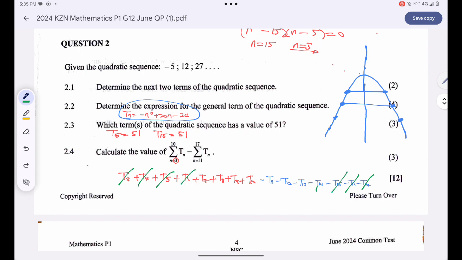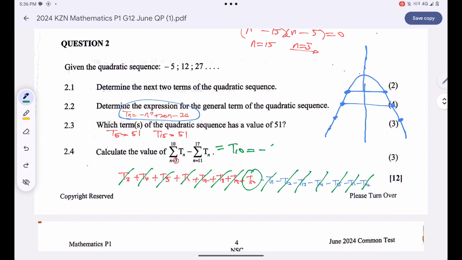These will go on and on. These terms will just subtract one another over and over again until I'm left with the 10th term alone, because it does not have its corresponding value. So it simply means that the difference in this sigma notation is just equal to the 10th term of our sequence.